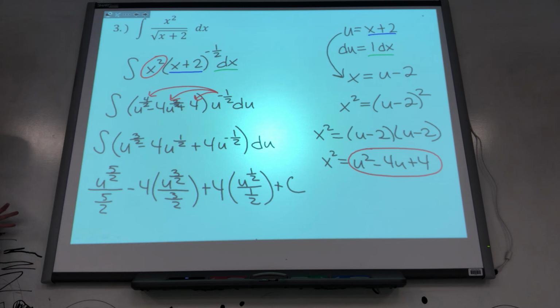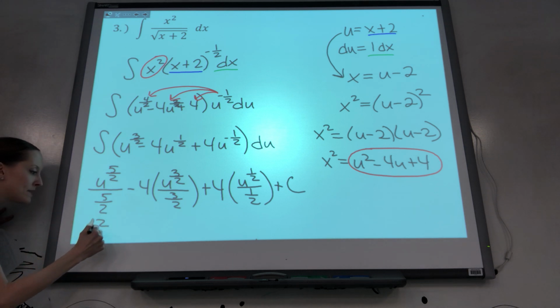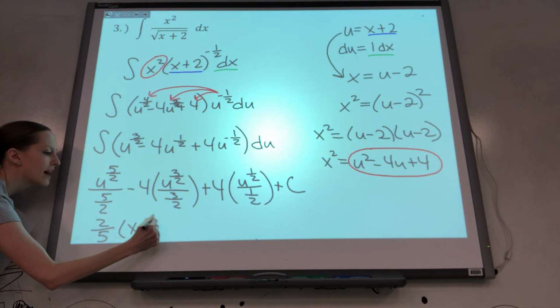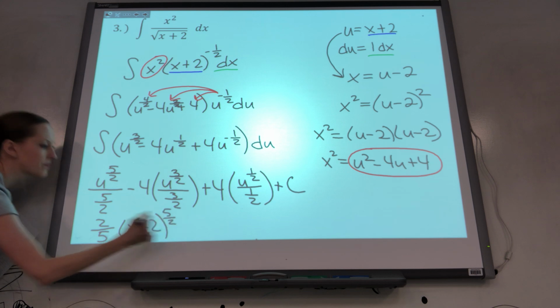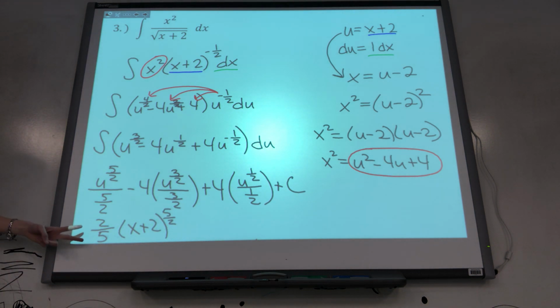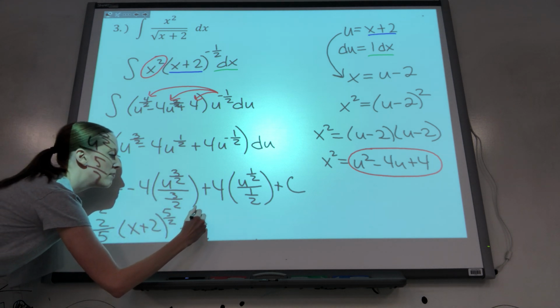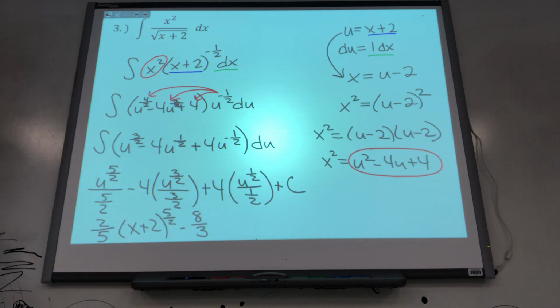Now let's flip all of this over and put back in what u was. I'm running out of room. So the fraction on bottom flips. I'll try to squeeze this in. This is now 2/5 u to the 5/2 power. Okay, so 2/5 times x plus 2 to the 5/2 power. When I flip this fraction over, negative 4 times 2/3 is going to be like a negative 8/3.